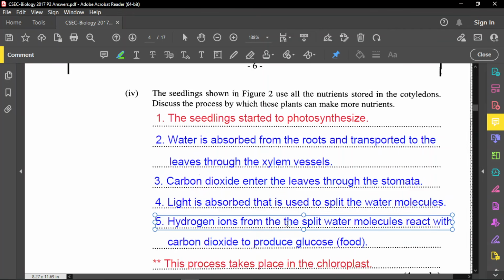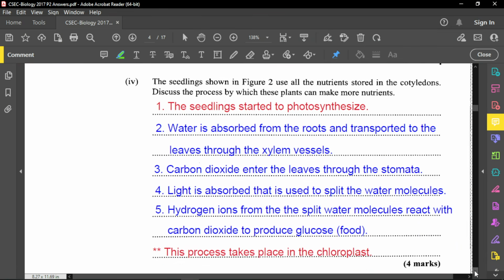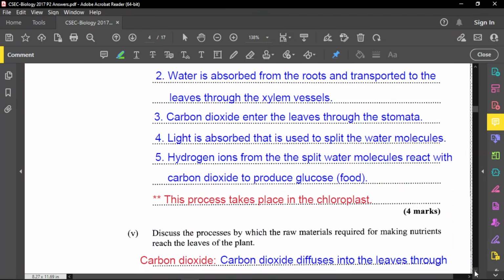But of course, the oxygen will be given off as waste, but the hydrogen ions will react with carbon dioxide to produce glucose, which is the food or nutrient that the plant needs. And of course, this process takes place in the chloroplast, as a point to note. And again, you can rearrange your points differently and explain it, but make sure that it's flowing and is consistent with the process of photosynthesis.